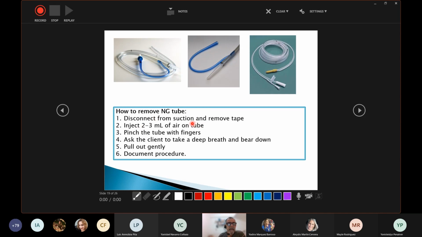The other concept that has been tested is how to remove the tube. So put in order the steps to remove the tube. What you need to know about this tube that is inside the person is that the tube is in the gastric cavity of the client.